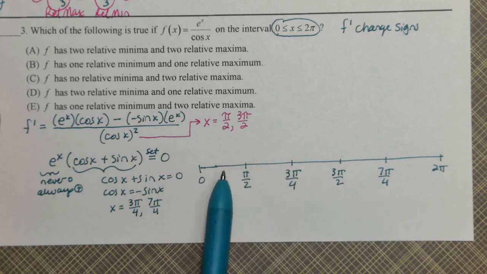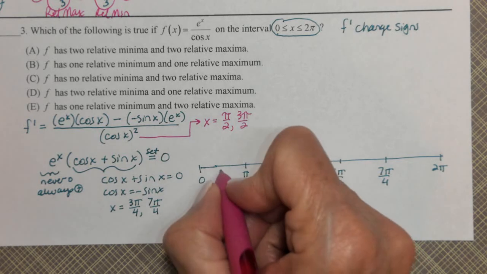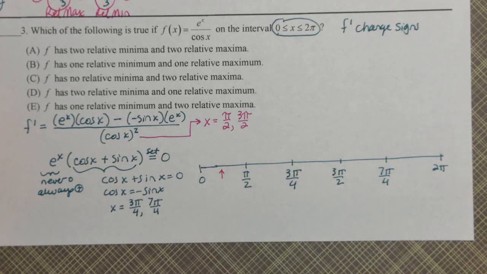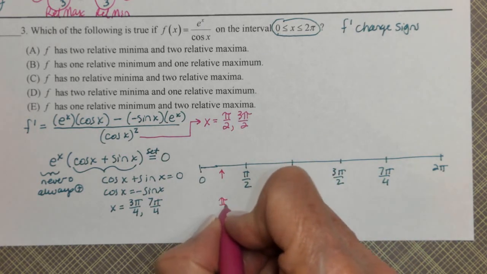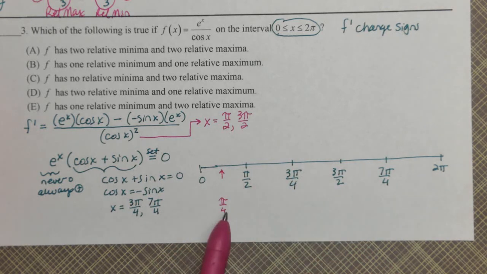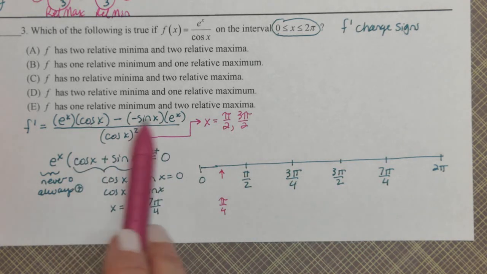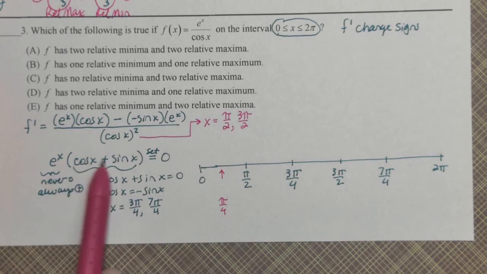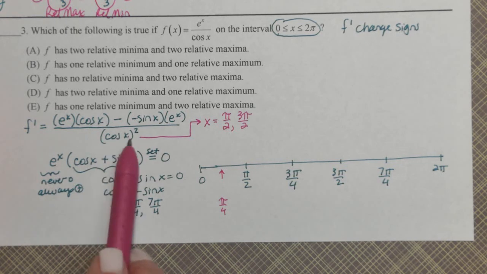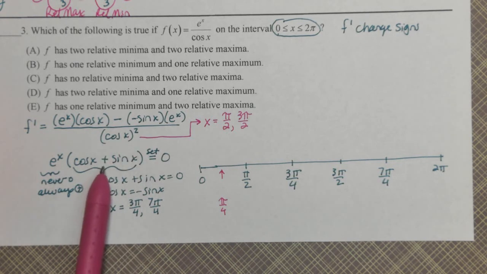I think I'm going to pick a value right here, like pi over 4. I'm going to get that sign right there. Pi over 4 is in that interval, right? Okay, I'm going up here, you guys. I could go here and then pull down that denominator, which would be fine too.